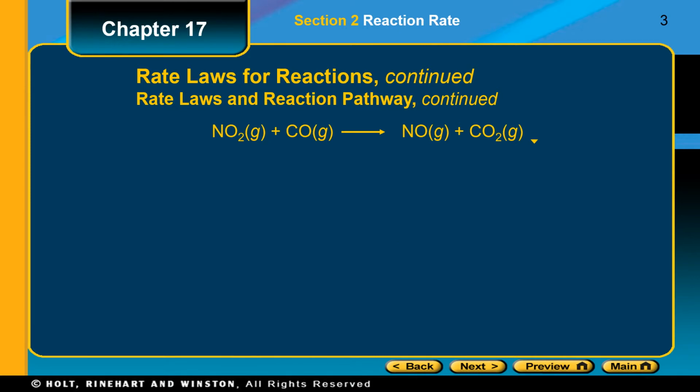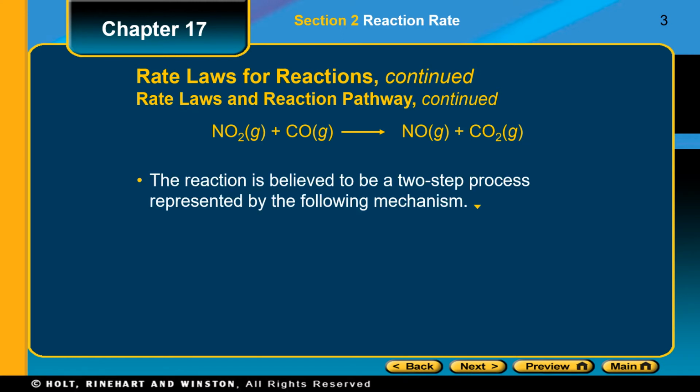So let's look at this reaction where we have nitrogen dioxide reacting with carbon monoxide to produce nitrogen monoxide and carbon dioxide. Now, this reaction is believed to be a two-step process, and it follows this mechanism right here.